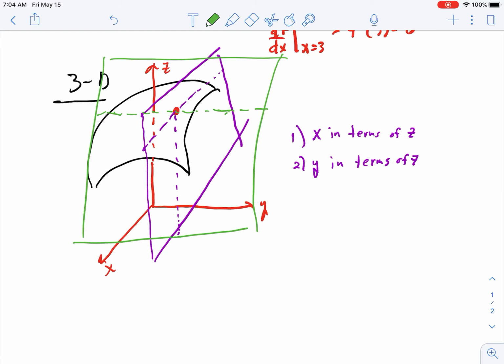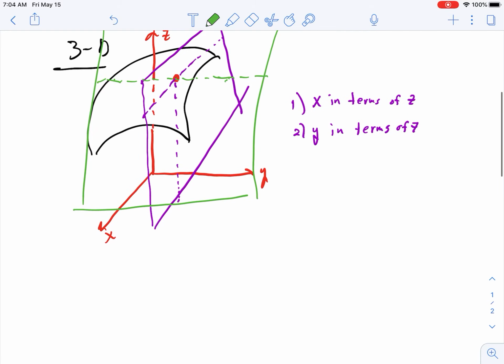So what's our notation for partial derivatives? Notice up above it was a printed d. A partial derivative is a cursive d, df dx. That's Leibniz notation.